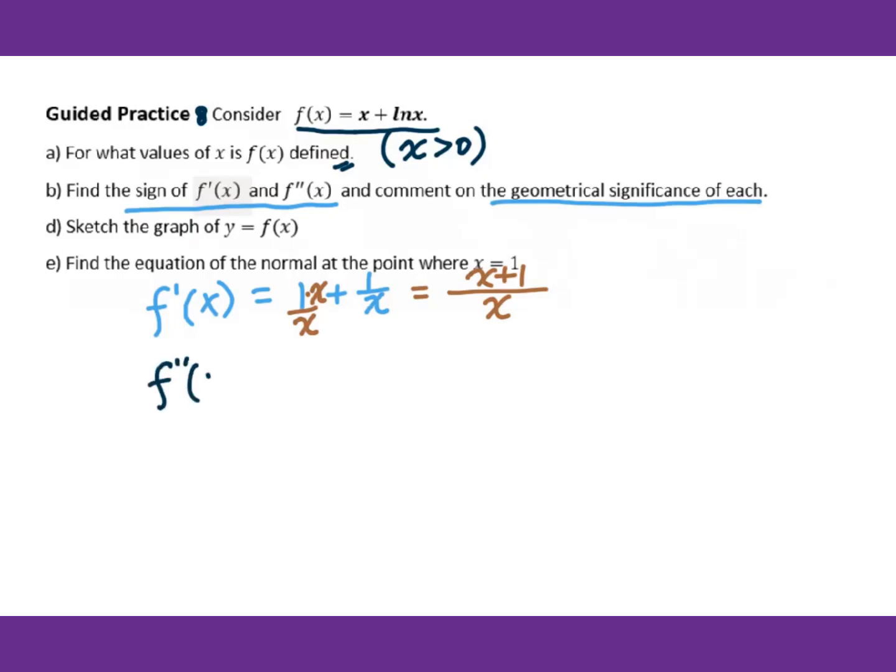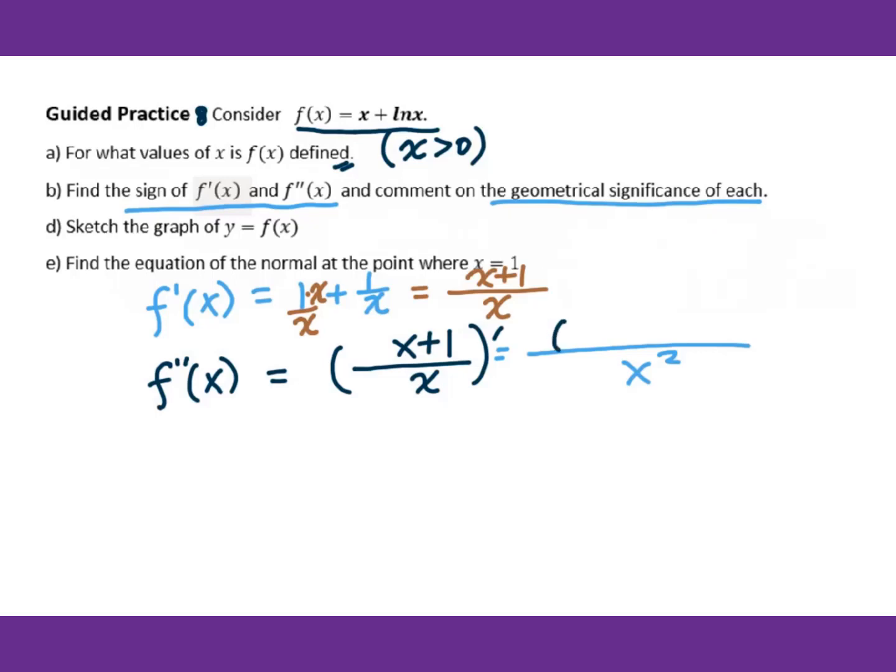Then for the second derivative, you take (x plus 1) over x and use the quotient rule, so x squared as the denominator.